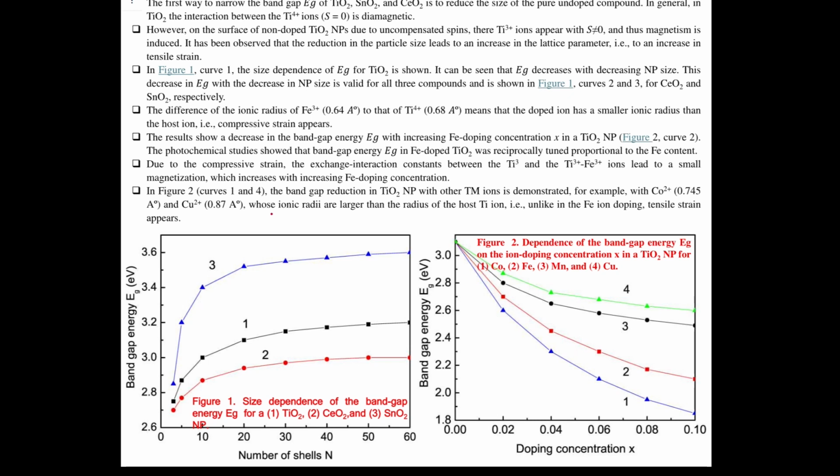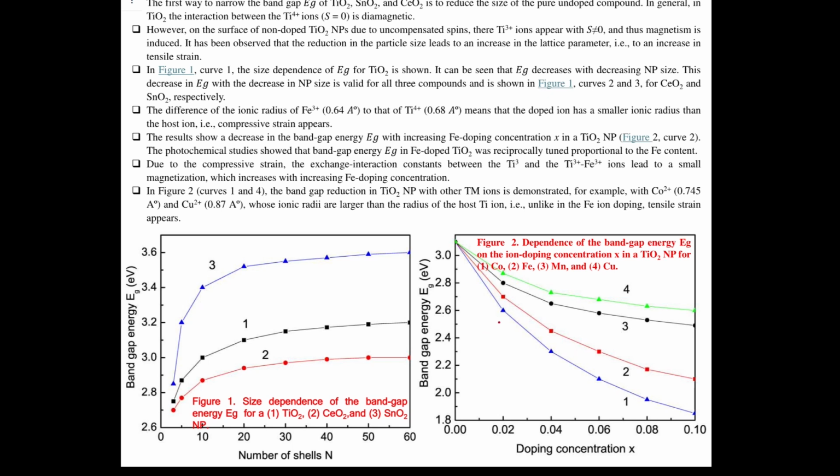It means the dopant ions have a smaller ionic radius than the host ions. So the material will have compressive strain, and the size impact will be shown on the band gap.